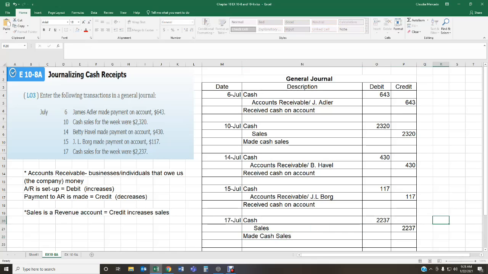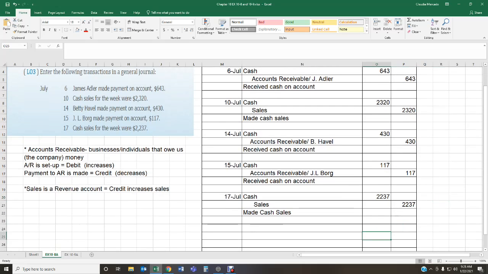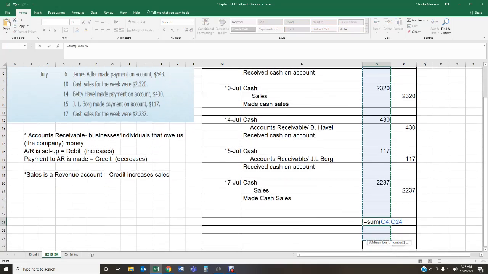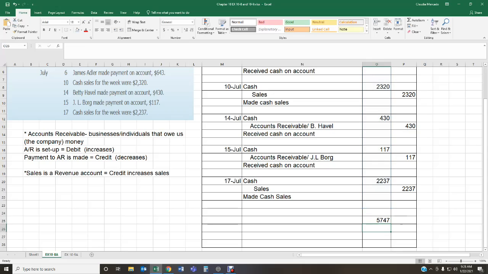Now, when I'm doing my journal entries, we always need to make sure, of course, that debits equal credits. I just have the habit of adding my debit column. This is just extra information. So I add my debit and I add my credit column, and they need to equal. That tells me that I didn't make a mistake.